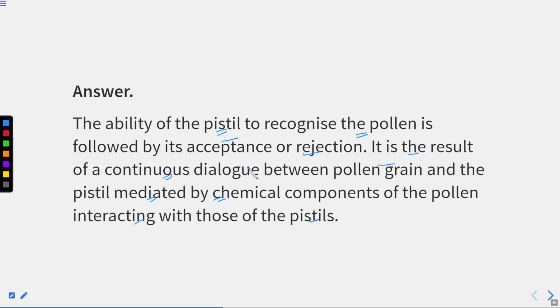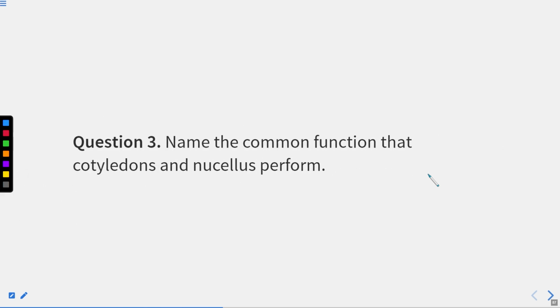There are some chemicals released by the pollen grains, and the synthesis of these chemicals is stimulated by the pistil. These chemical compounds are then recognized by the stigma, and then the incompatibility or the compatibility of the pollen is decided. This is clear.